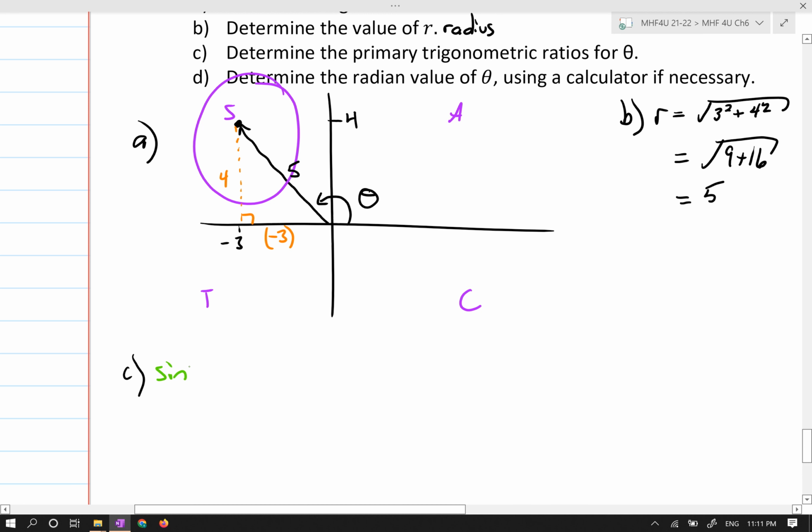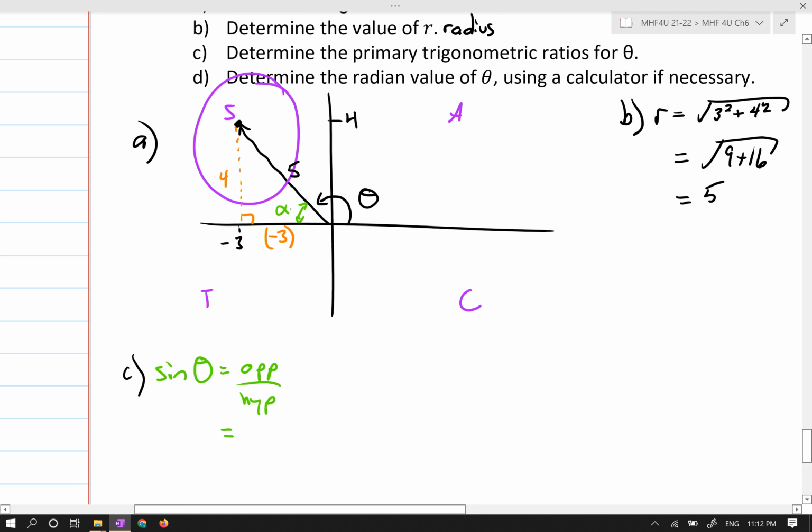And if our sine ratio is positive, the sine of theta is going to be equal to my opposite side over my hypotenuse. Now we need to be a little bit careful. This would be my angle alpha.